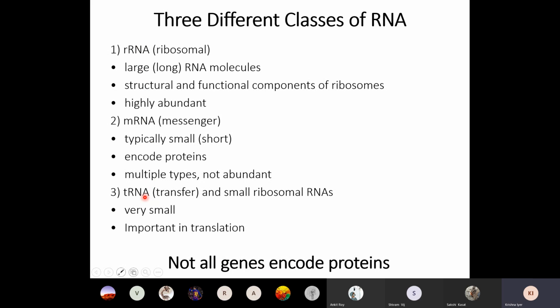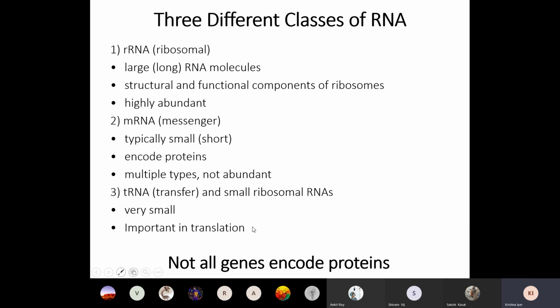Okay, and those genes which encode for mRNA are those which will finally take the mRNA into protein. So tRNA and rRNA coding DNA sequences are genes which do not code for proteins, and those sequences which form mRNA, which will later become a protein, are those which are encoding proteins.